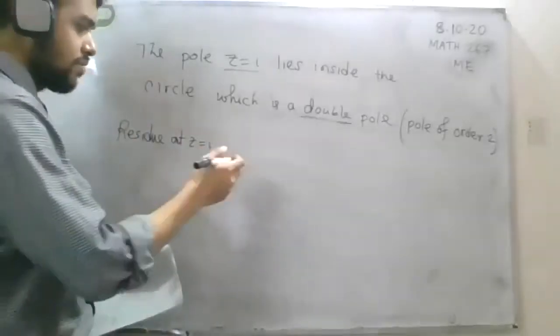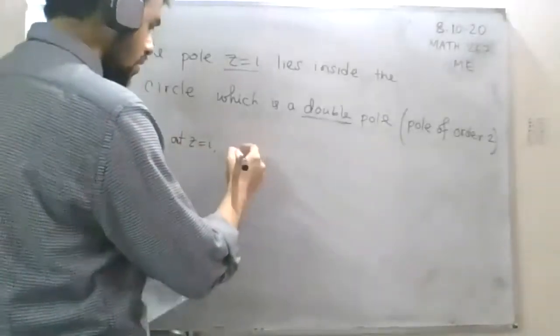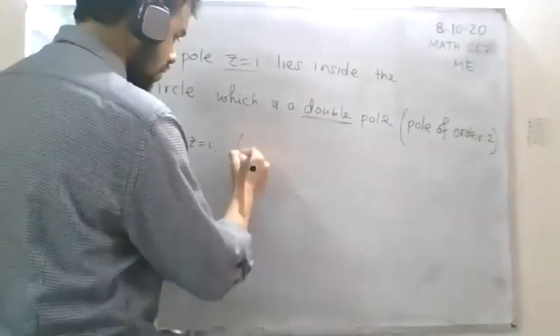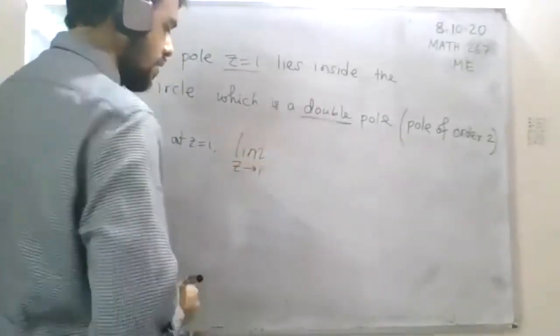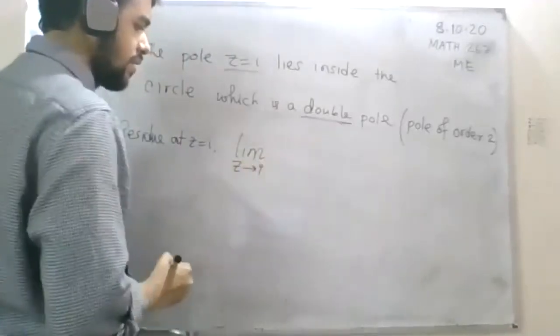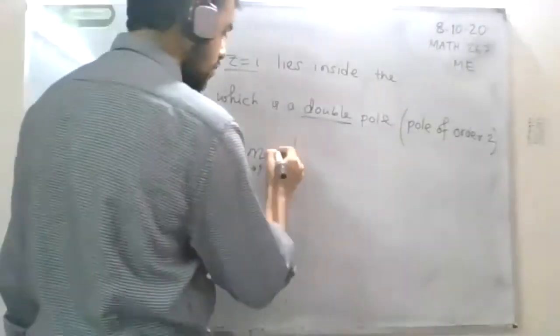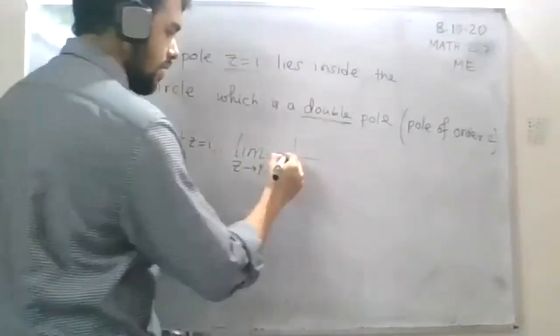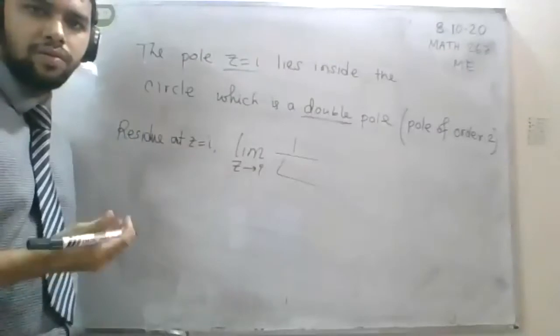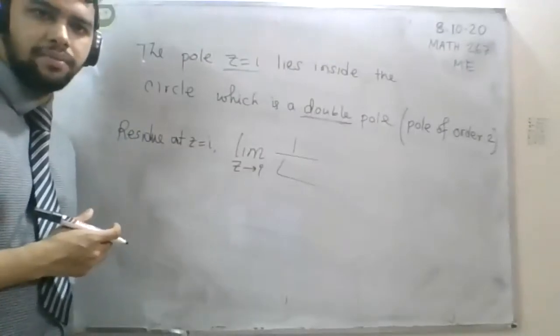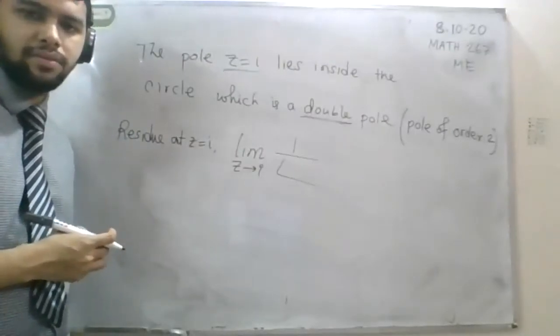Okay, as I said before, you have to use the formula limit z tends to i, 1 by factorial m minus 1. So here, what is the value of m? 2, sir.